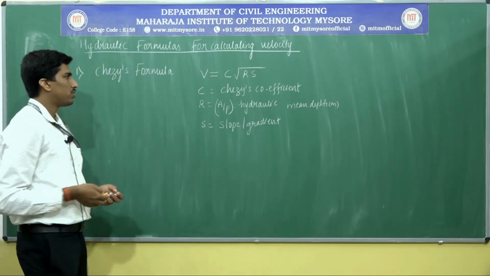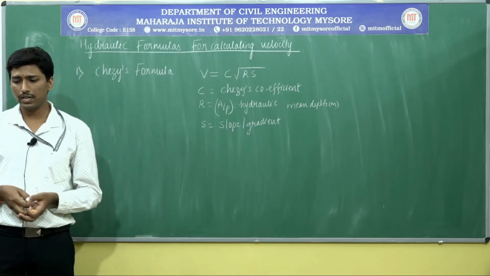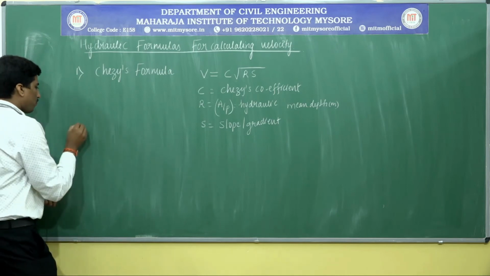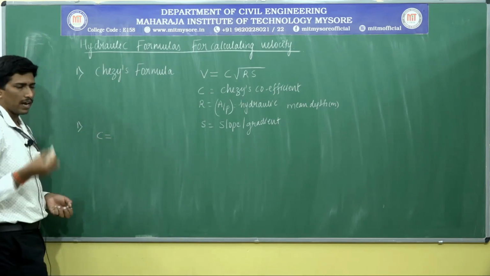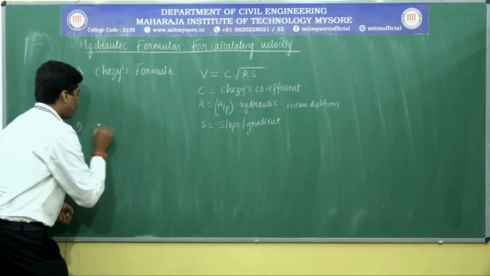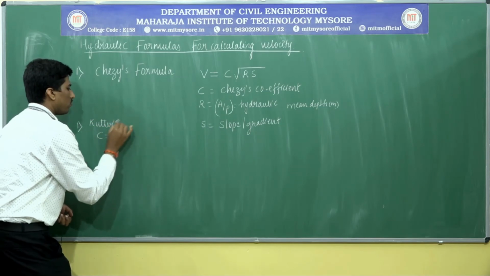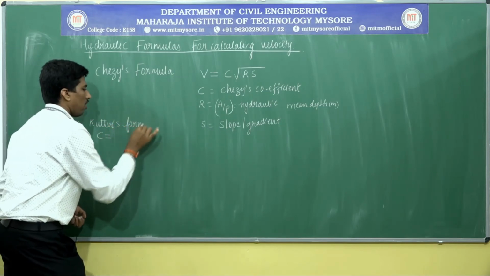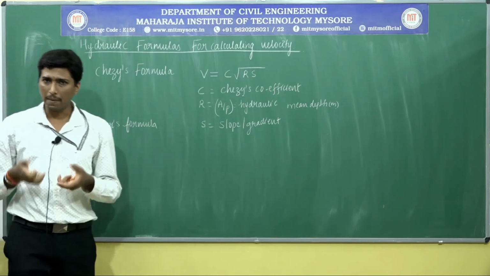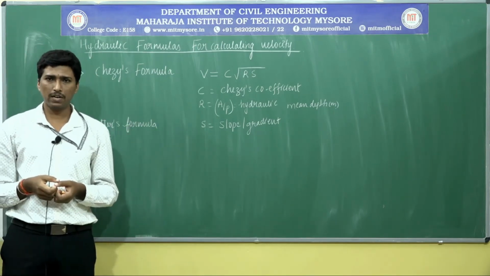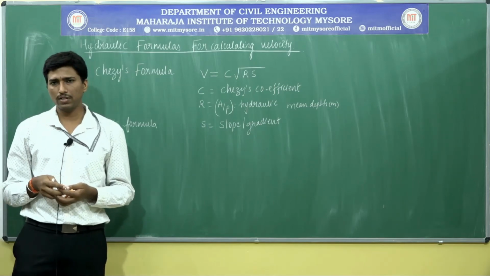To determine the value of C, there are different formulas. For this determination, C has a sub-formula that we call Kutter's formula, where C is given as an empirical equation that has been experimentally verified and the relationship established.